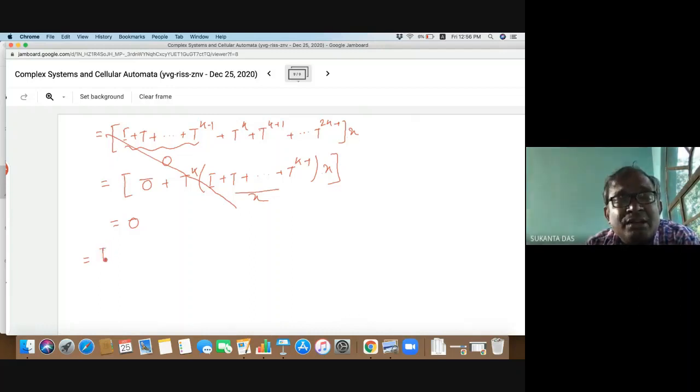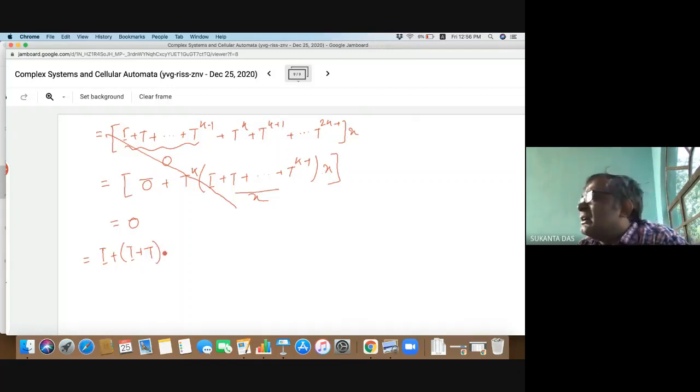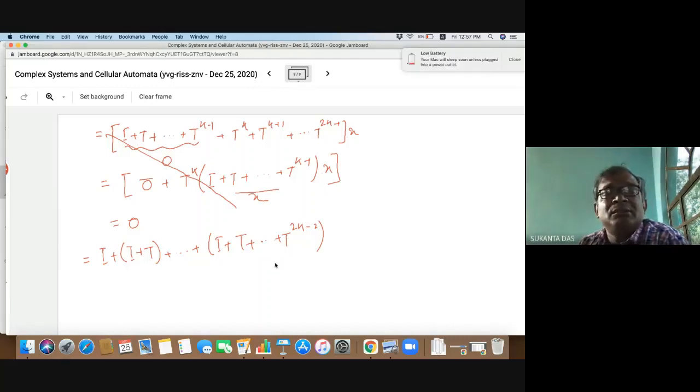So this is actually I, then equal to I plus t, and then it was I plus t plus to the power 2k minus 2, into f. No, f was there, no?